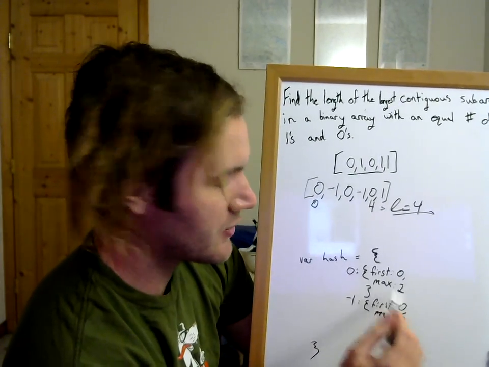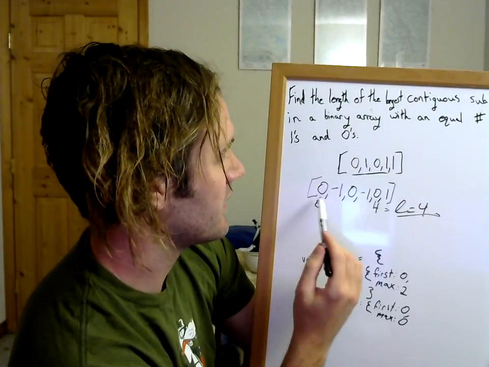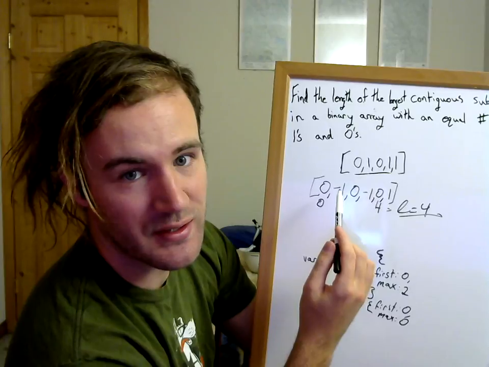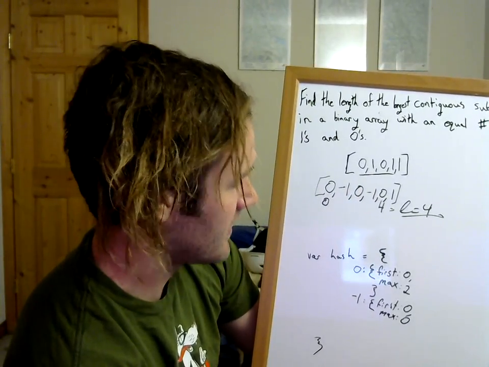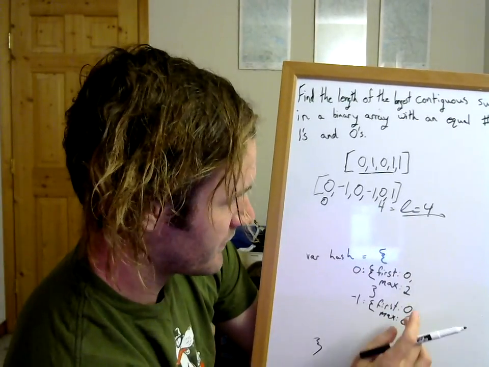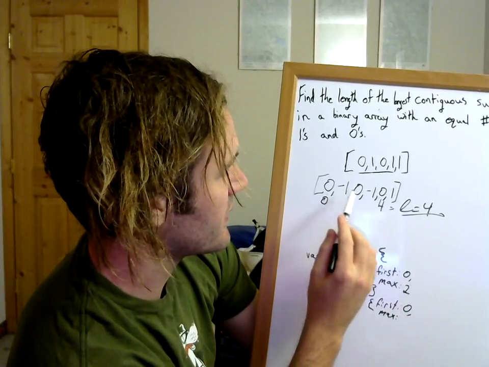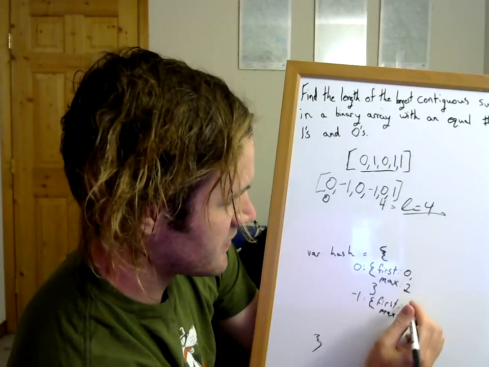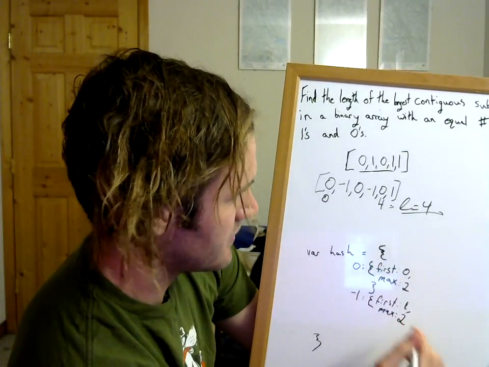So that's saying if you look through here and you find the max, then our max subarray right here is of length 2, so that's that 0 and the -1. They have equal. Okay, let's go to the next -1. So current is 0, 1, 2, 3, and our first was actually at 1, so our max is 2.